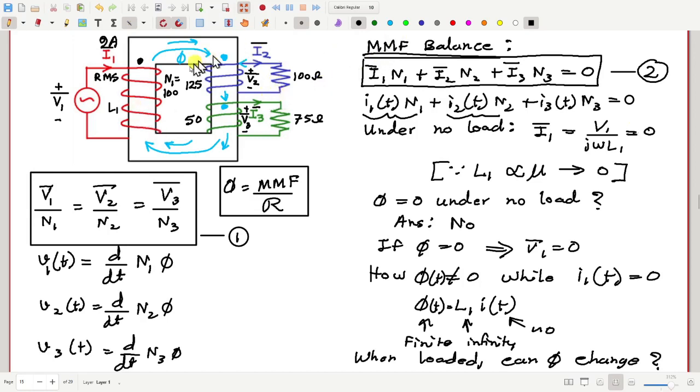Under no load, that means this is not connected, and then I2 equal to 0, I3 equal to 0. Now V1 is a finite value, non-zero, non-infinite, some number V1 is there. So to get now under no load, let me write here.